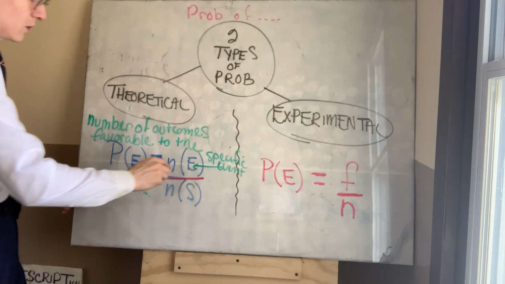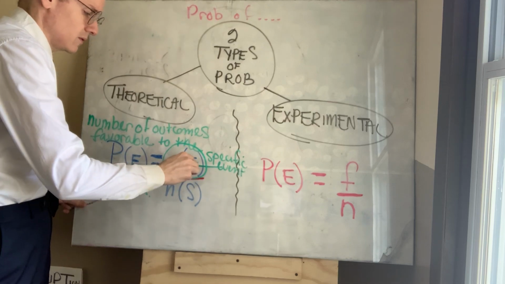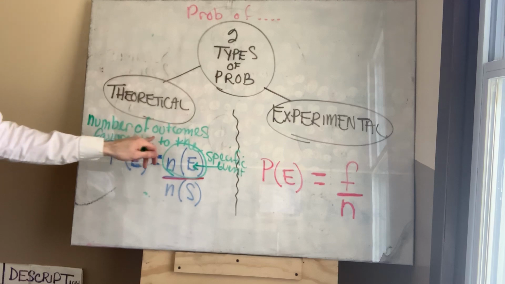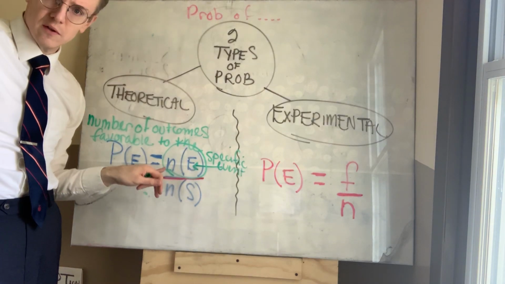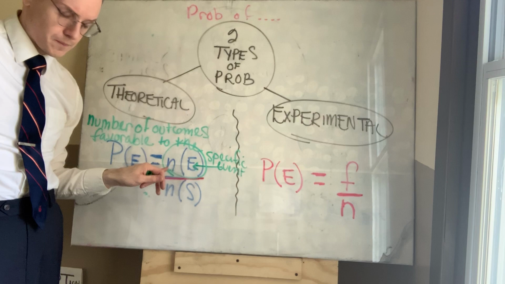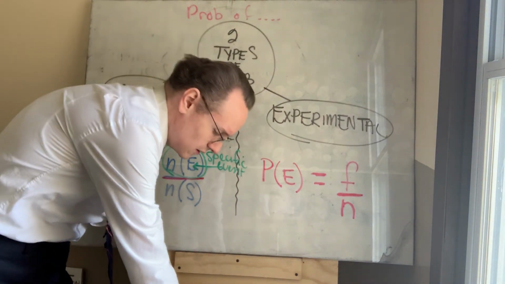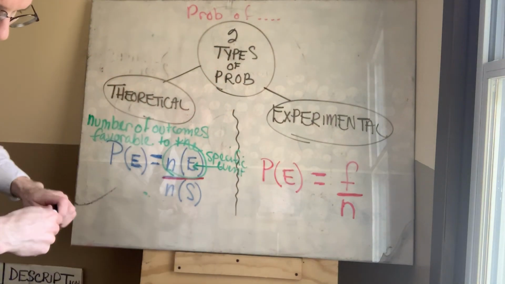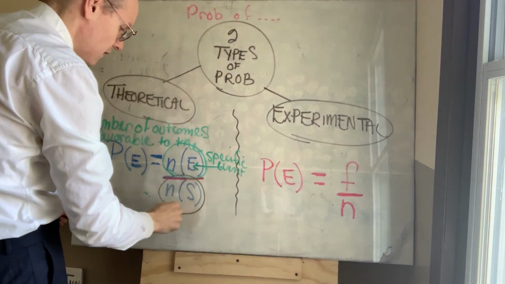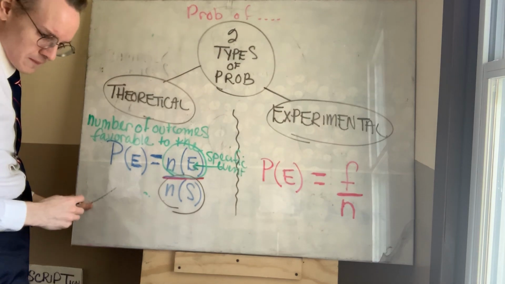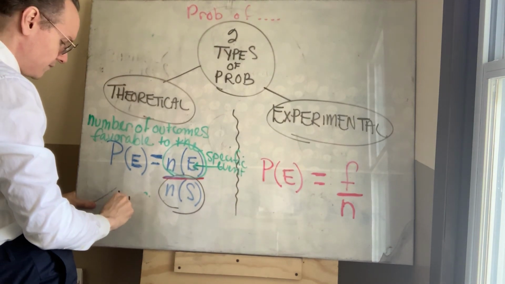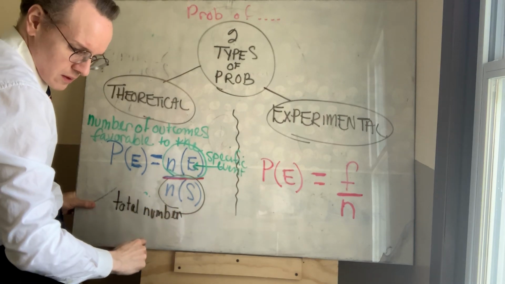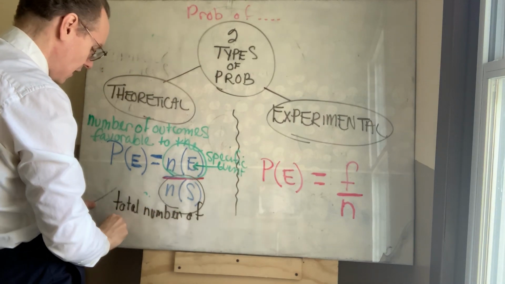Is what this is all designating, right? The number of outcomes favorable to the specific event under scrutiny. This, which is written on the bottom here, I'm going to put it in black, is the total number of possible outcomes.